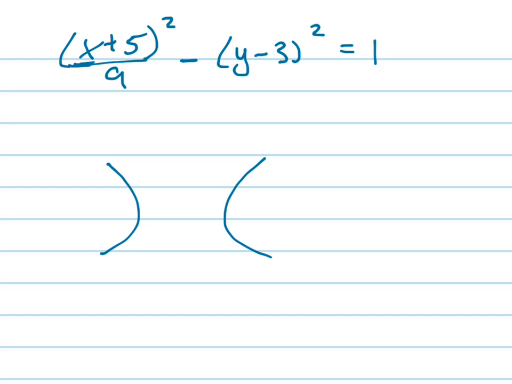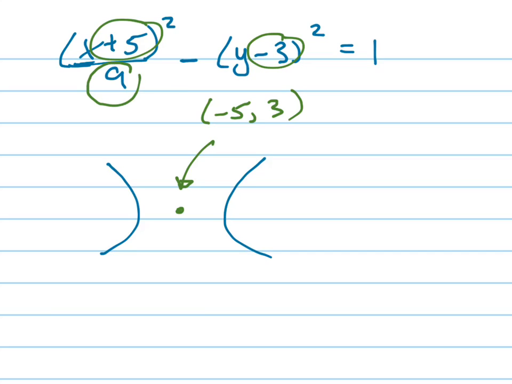And let's go ahead and find what the center is going to be. It's going to be negative 5. Remember, you take these things out right here. It's going to be negative 5 and positive 3. So that point right there is negative 5, 3. I'll draw the axes in later when I figure out where everything's at. The x distance right here, the square root of this tells you the distance.